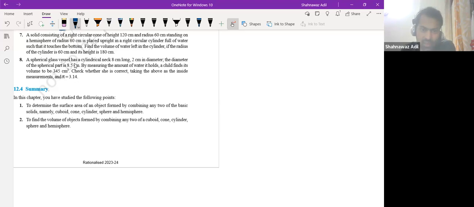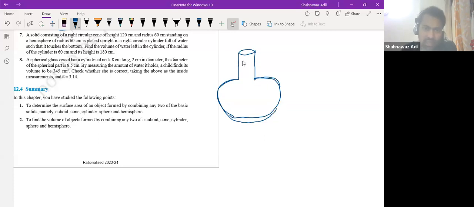Just like you have this, my drawing is bad, but yeah, this is the diagram, right?